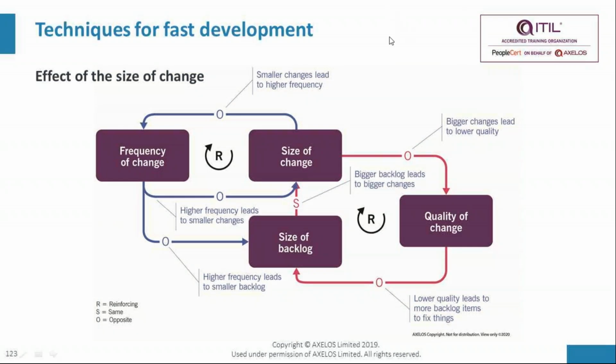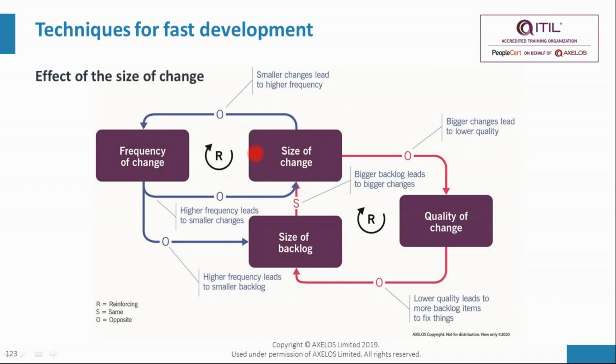We got a picture here. Fast development means changes, and let us understand the effect of the size of the change. Where to begin? Let's begin with the size of the change here. Smaller changes lead to higher frequency of changes.